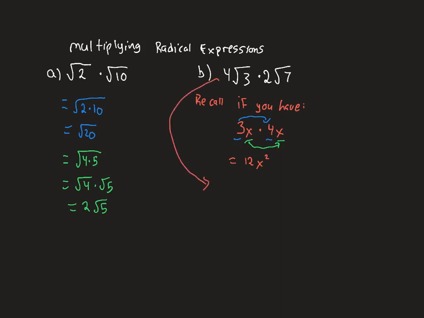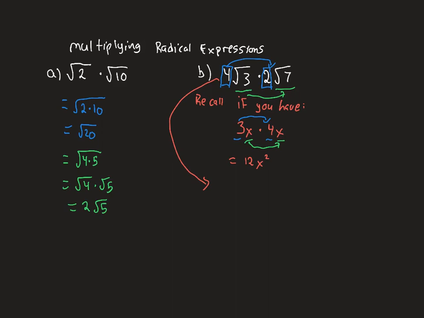Now, moving forward, we're going to deal with this question. And in this question, we follow the exact same rules. The numbers multiply themselves, and of course, the roots multiply themselves. Okay?